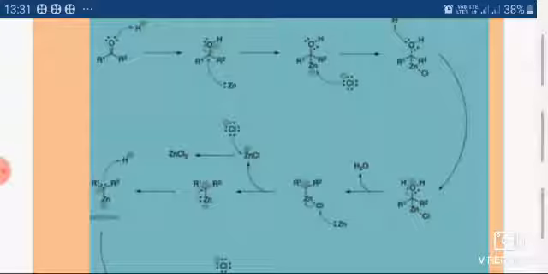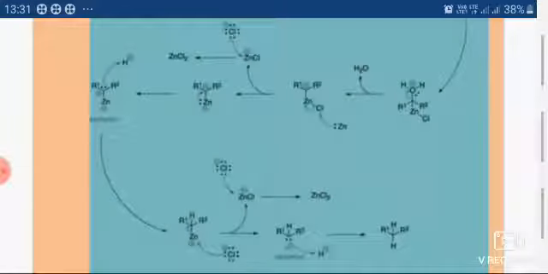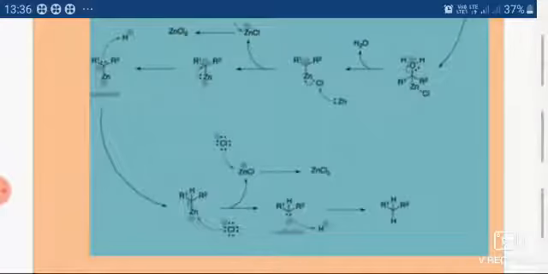Now a zinc carbocation complex is formed, which breaks its bond with chlorine, and the electrons shift to the carbocation, so the carbocation undergoes reduction and a carbanion is formed. This zinc carbanion complex undergoes protonation, and in the next step the zinc breaks its bond with carbon by donating electrons to the carbon, forming another new carbanion.